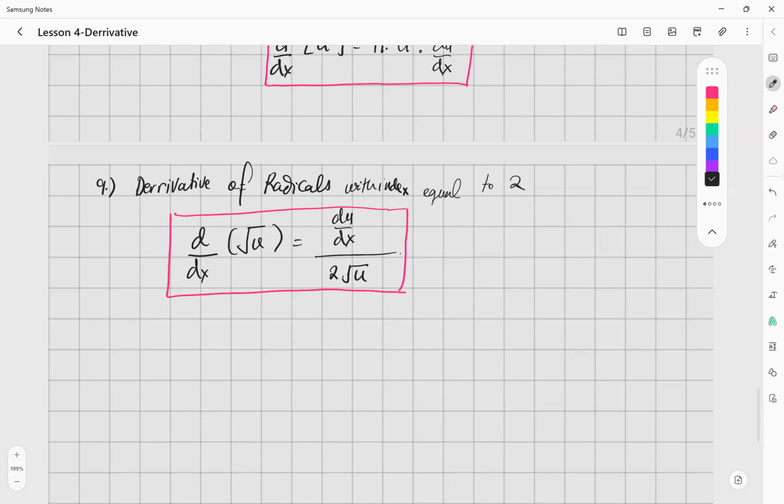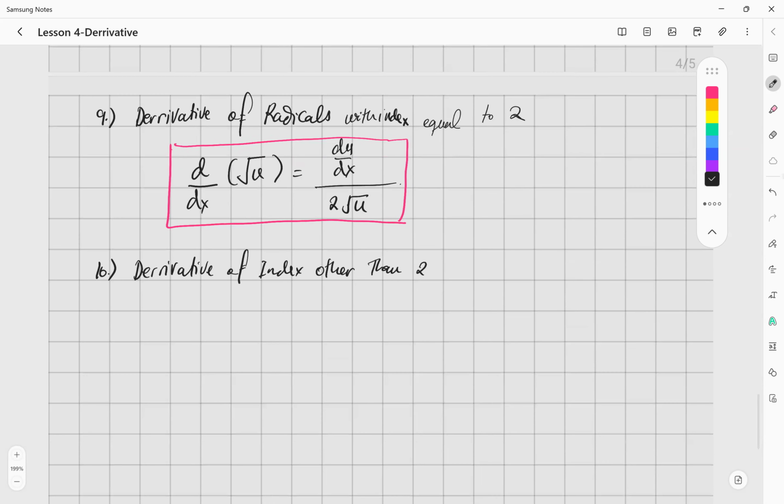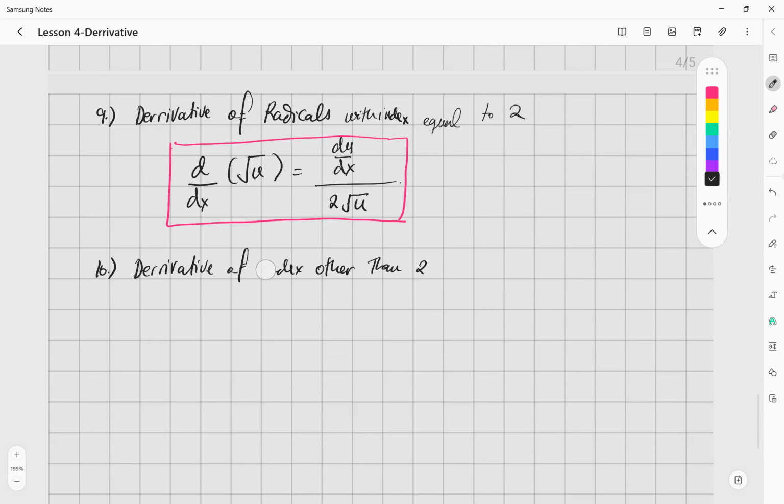That's the one property. The last property that I'm going to show you is the derivative of radicals with index other than 2.